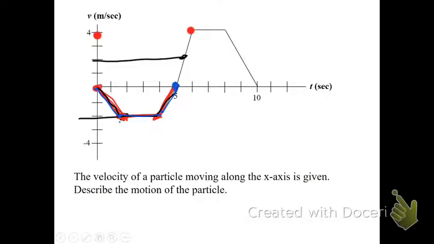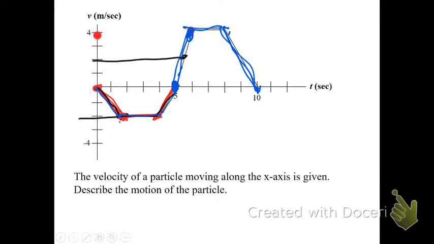At this spot, the particle changes directions, and now the particle's going to the right for all of this. Well, now from here to here, we go from a speed of 0 to 4, so speeding up, constant speed of 4, and slowing down, going from a speed of 4 to a speed of 0.